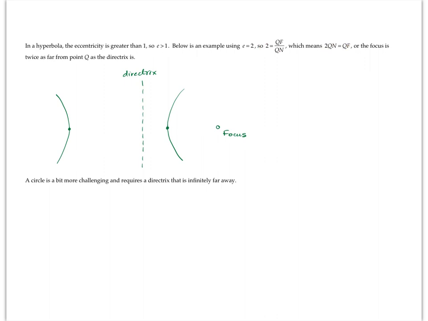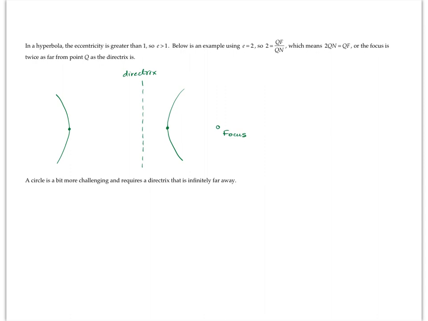In other words, the distance from the point to the focus is now double the distance from that point to the directrix. So the focus is farther away from the point, and the directrix is closer to that point. Again, I'm using 2 as an example, but any value greater than 1 would satisfy this and get a hyperbola.